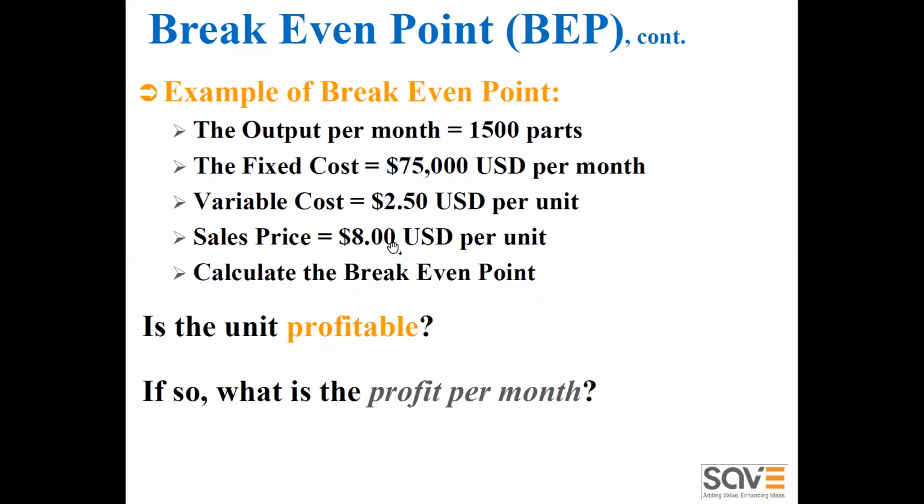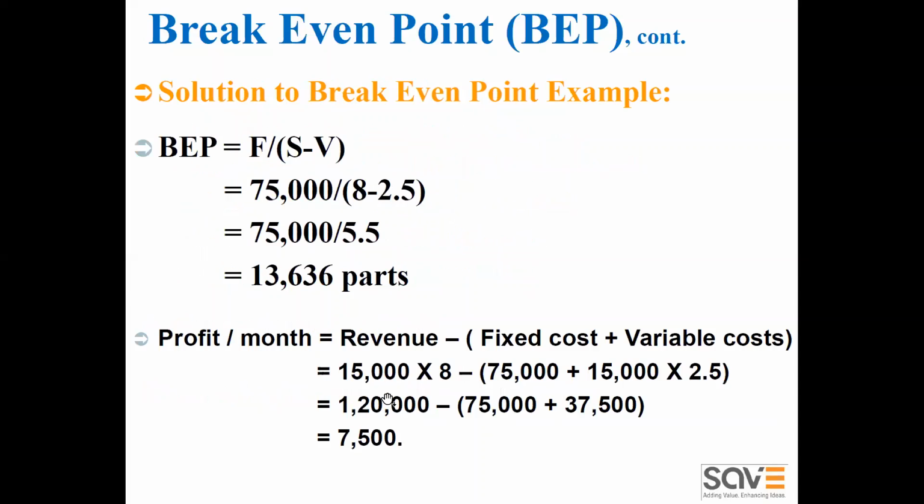So you need to multiply this 8 with 1,500 parts, and you need to calculate the break-even point, and you have to find whether this is profitable or not. If so, what is the profit per month? Per month means it's basically 1,500 parts. You need to say what is the profit that you're going to get.